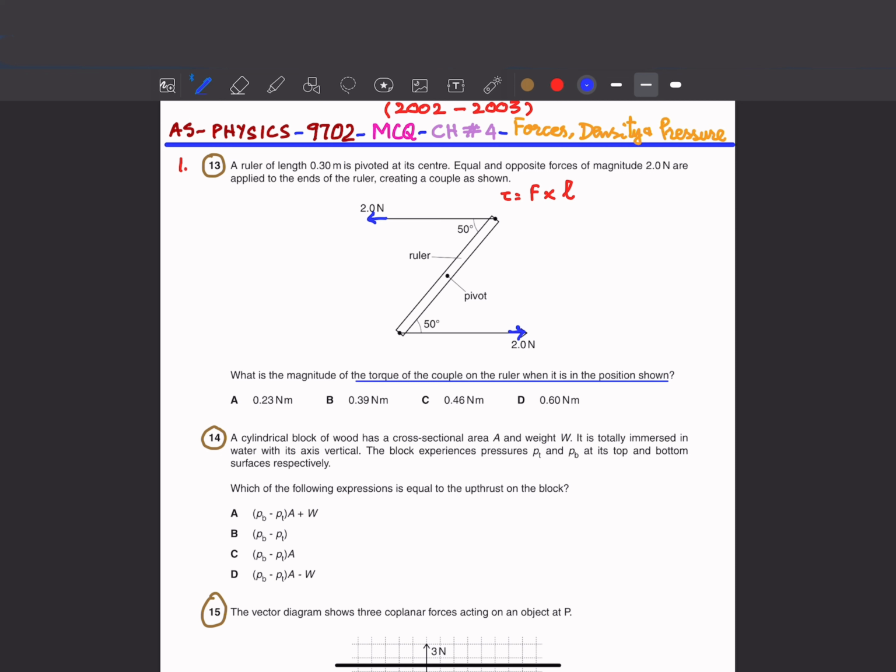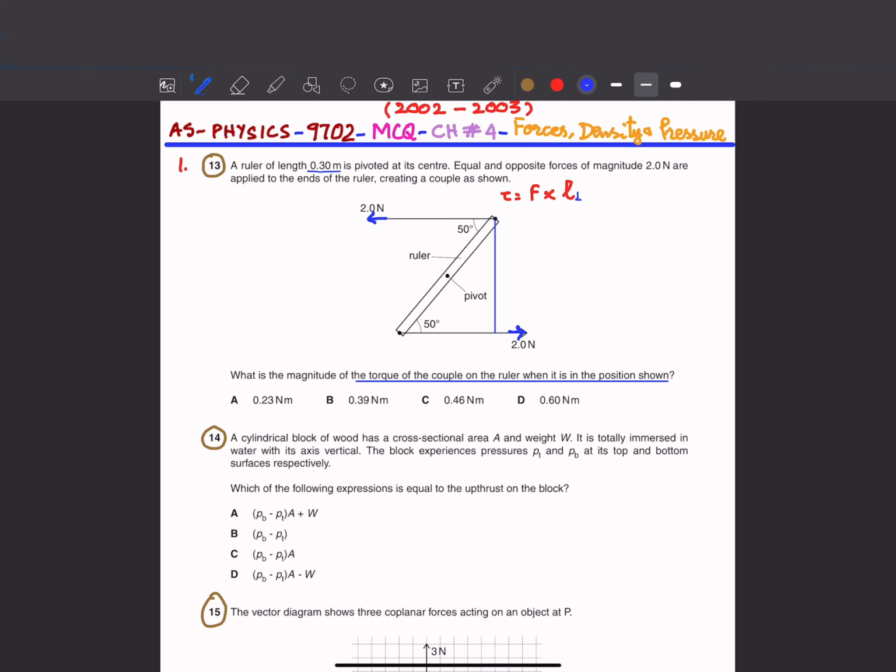Either you take the perpendicular force or the perpendicular distance from the force. Here we are taking the perpendicular distance. This is the symbol for perpendicular. This is the length of the ruler, so this will be the perpendicular distance of the force.